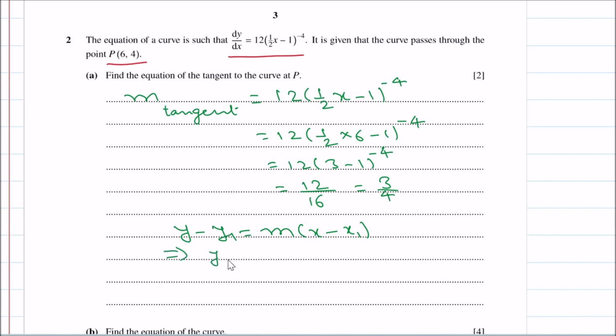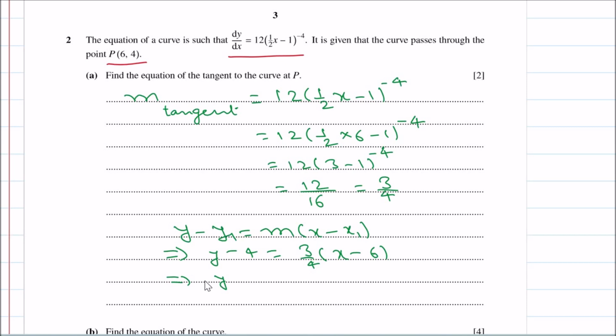So the point is 6, 4, so the y coordinate is 4 there. y minus 4 is equal to m, which is 3 by 4, so 3 by 4 times x minus x1. The x coordinate is 6 of point P, so 6. Now we can simplify this.